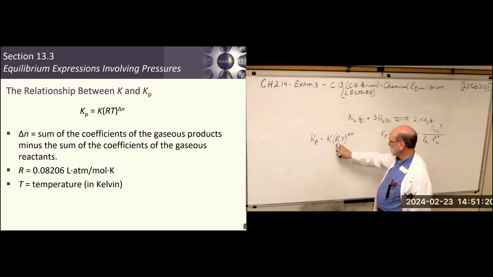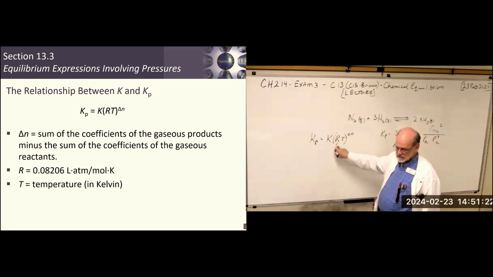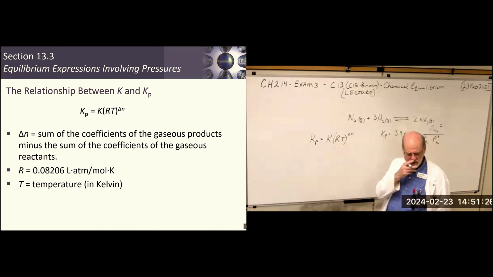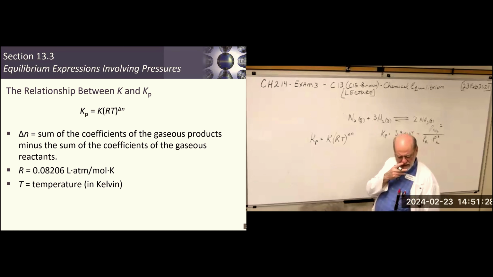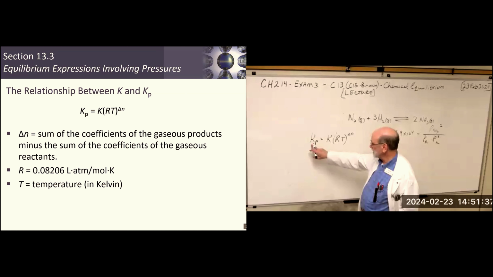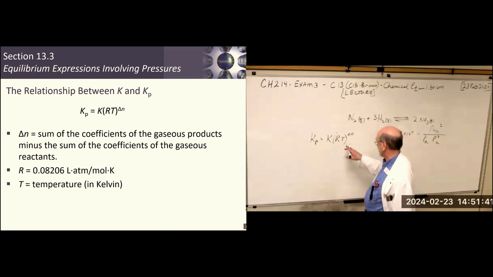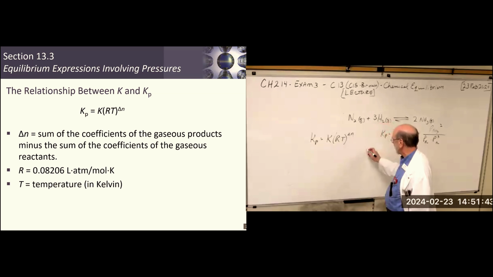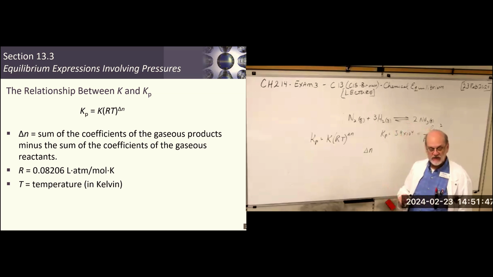So this R is going to be, let me see what value it is, I think that's 0.08206 liter atmospheres per mole K. Yeah, because this is going to be in atmospheres. Okay, but what's the delta n? The delta n is the change in moles of gas.